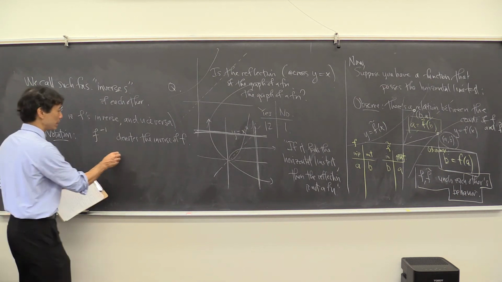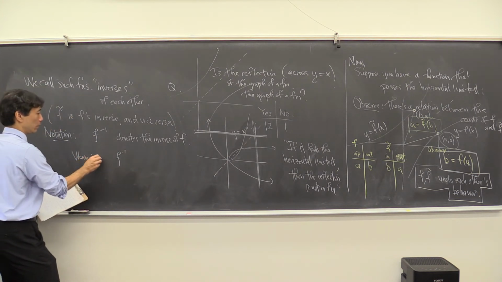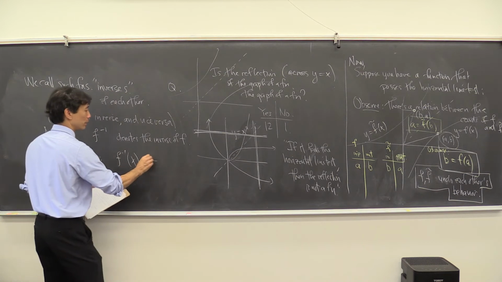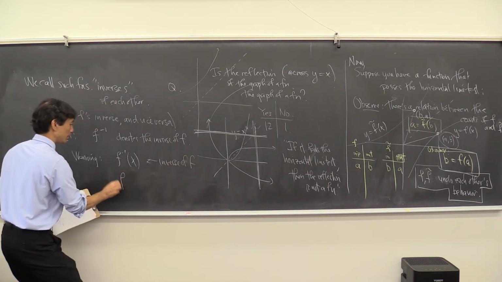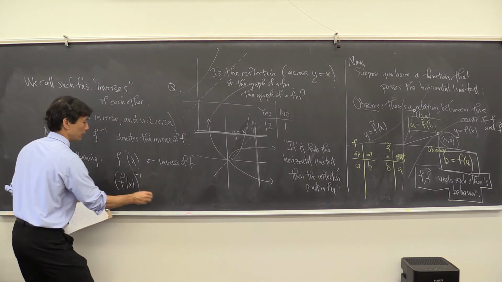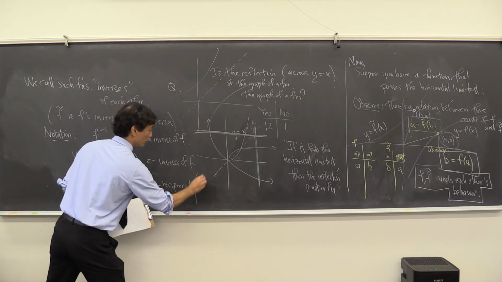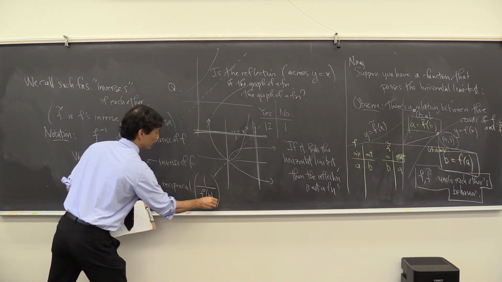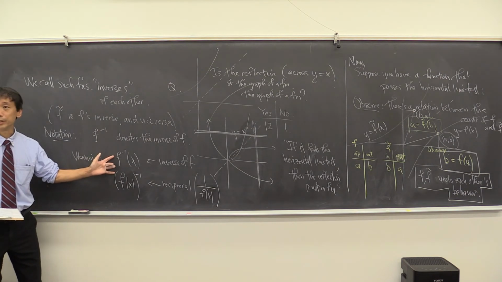So warning, this means the inverse of f. If you see something like this, it means the reciprocal, it means 1 over f. Okay, so there's some confusion in notation here.